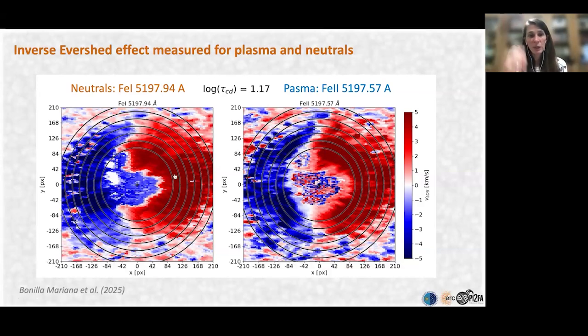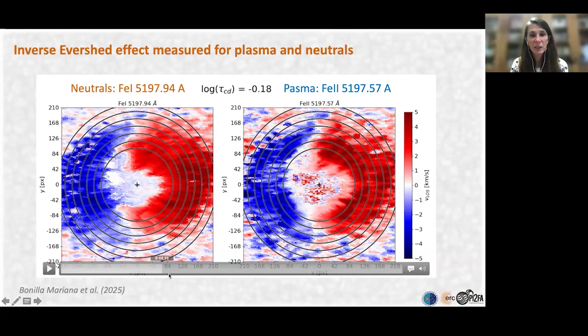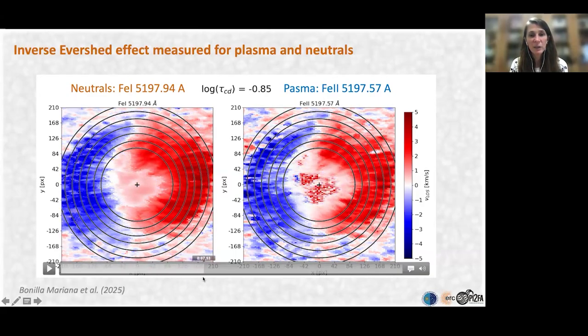Negative means that we are moving higher up. And we see that initially these velocities are very much similar, but as we move higher and higher, they become slightly different. The one on the right, which is the ionized iron, is becoming slightly fainter. So in this case, we have slightly slower flows in the ionized iron.